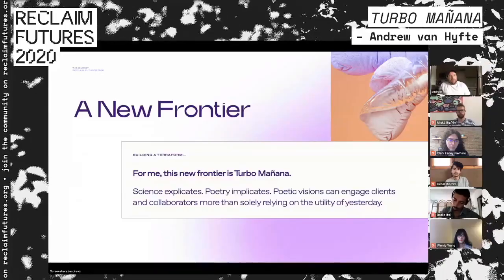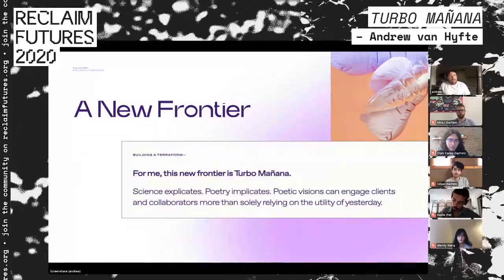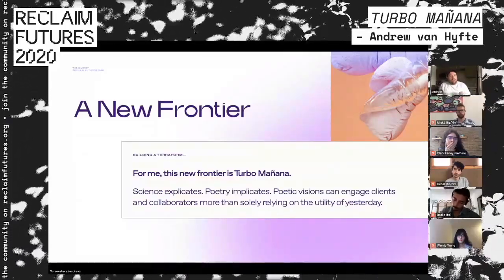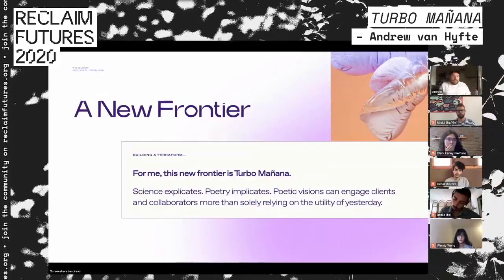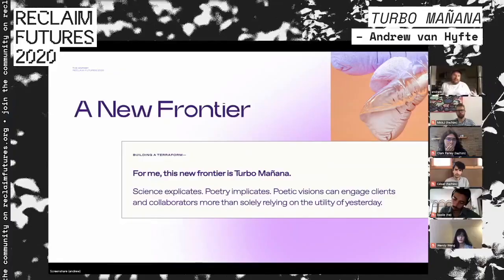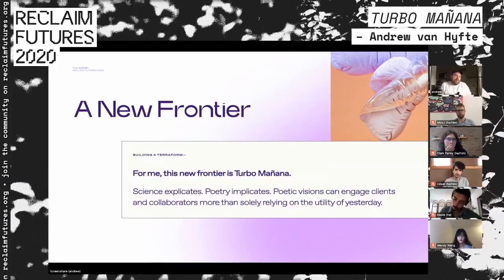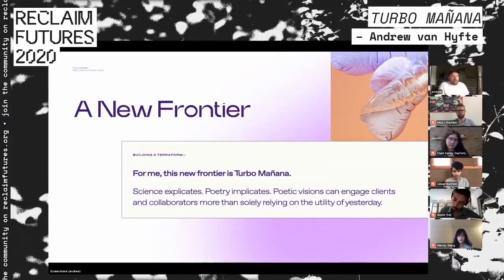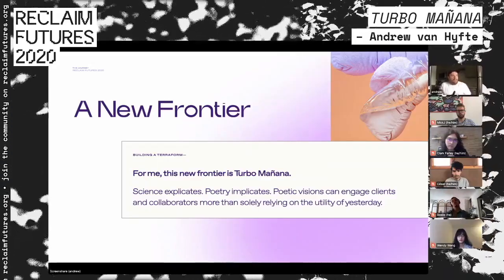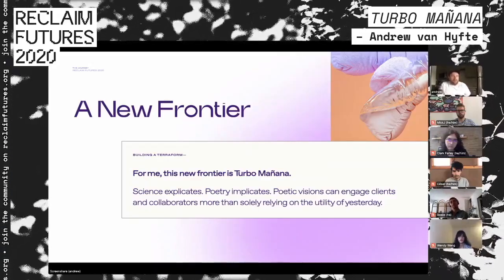Another way to think about that is: how do you combine aesthetics and data, and how do those come together? If science explicates, if science explains the world around us, then poetry implies the inner, or implies some of the truths.